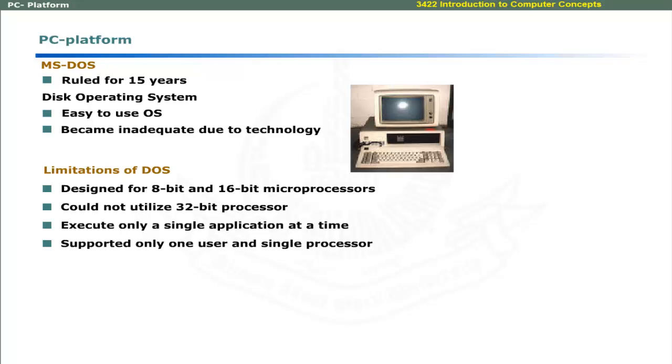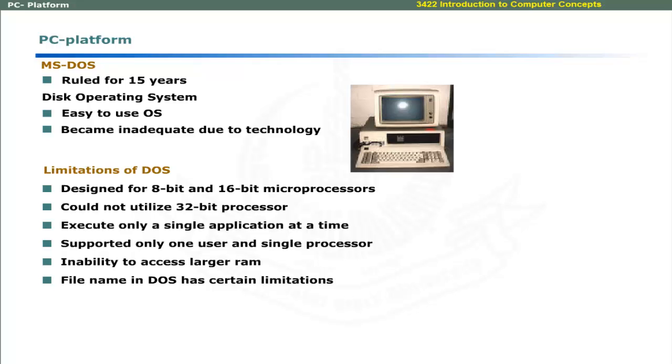Another critical limitation of DOS was its inability to access larger RAM. It could only recognize 640 kilobytes of RAM. Additional software was required to access memory beyond this limit.